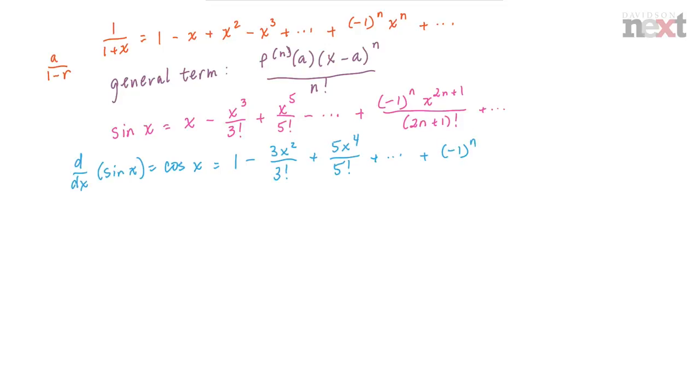When we get out here to the nth term, remember we're not differentiating with respect to n, but with respect to x, so the negative 1 to the nth does not change. And that becomes 2n plus 1 times x to the 2n all over 2n plus 1 factorial, and so on.